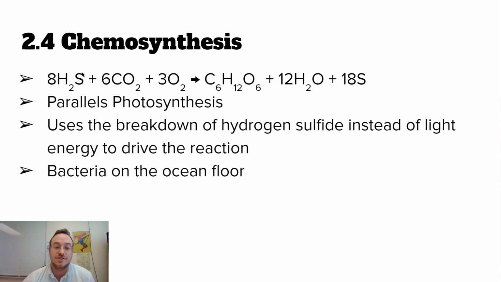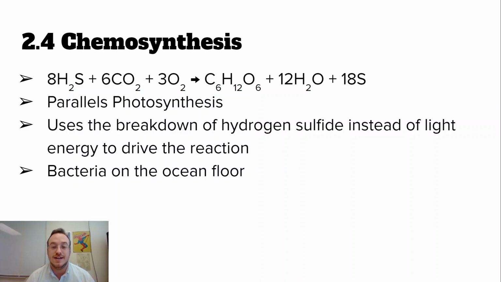So it's going to use hydrogen sulfide and carbon dioxide and a little bit of oxygen to create glucose, water, and sulfur. This is mainly used by bacteria on the ocean floor, especially near the gap between crust plates. So deep down below all the water where light can't get to, bacteria can use chemosynthesis to create glucose. All right.